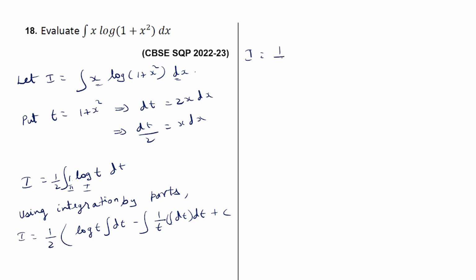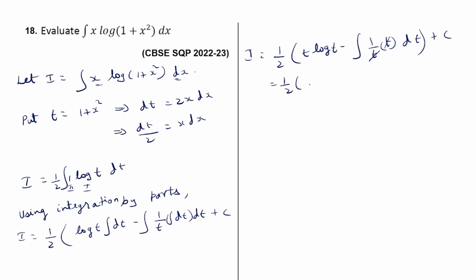So I is equal to half into integral dt is t, so it is t log t minus integral, dt is t, so it is 1 by t into t dt plus c. So t and t will go.